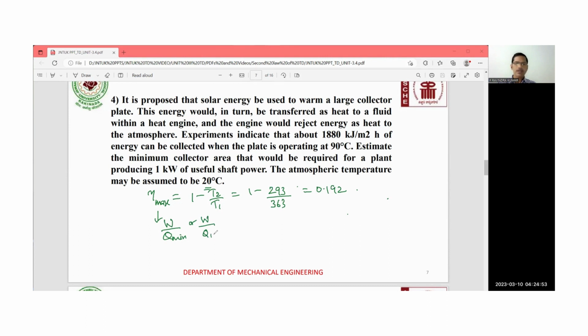For this case, the collector area that would be required for a plant producing 1 kilowatt of useful work output, that means 1 divided by Q1 is equal to 0.192.